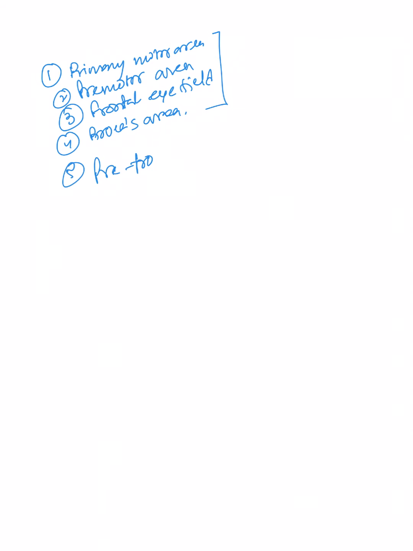Yes, I told you that the frontal eye field was a part of the prefrontal cortex, and the prefrontal cortex you already know, I already told you in the previous slide, it is area 9, 10 and 11.